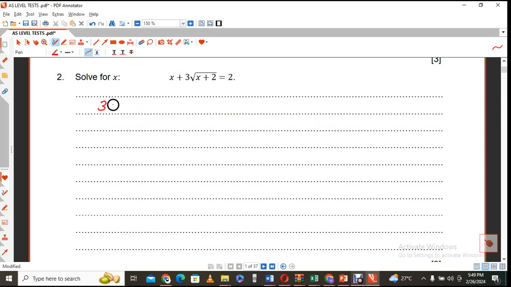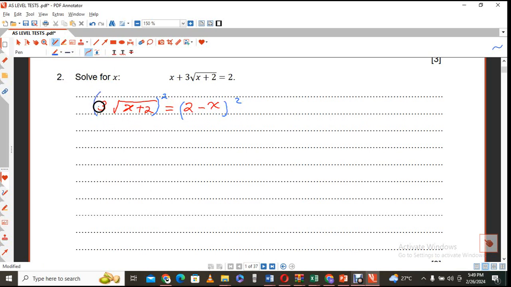Remember, this is not the cube root, it means 3 multiplied by the square root of x plus 2, and let that equal 2 take away x. The objective here is to remove that square root by squaring both sides.